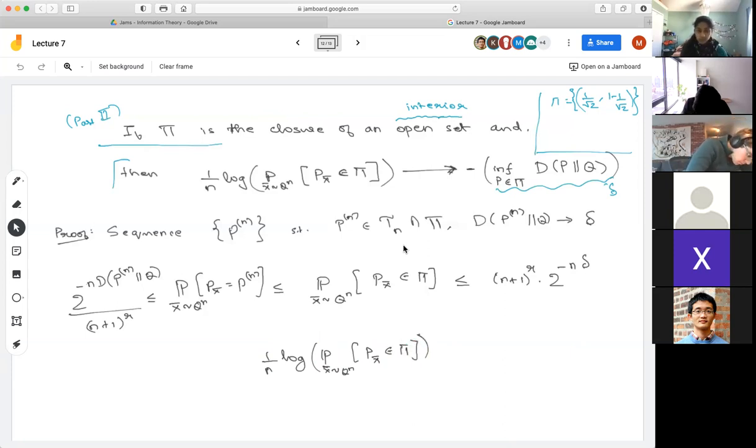And what we just proved is that this is less than or equal to minus delta plus r times log of n plus 1, and greater than or equal to minus delta plus. Okay, not quite minus delta yet.